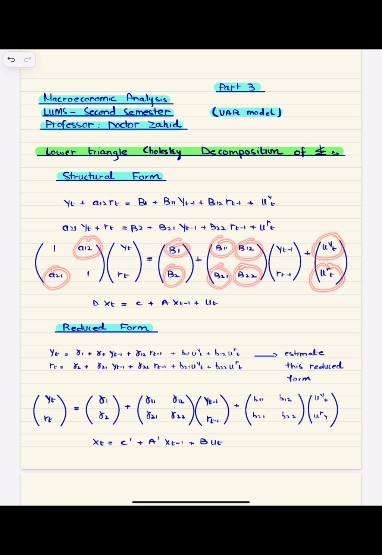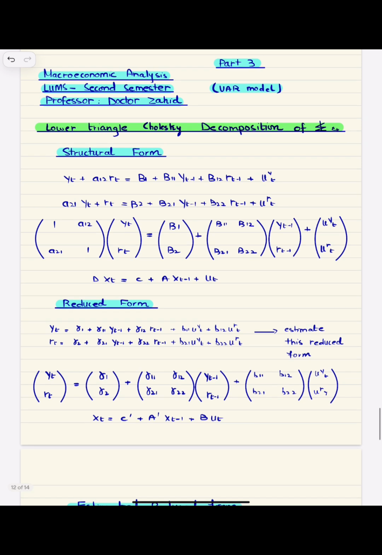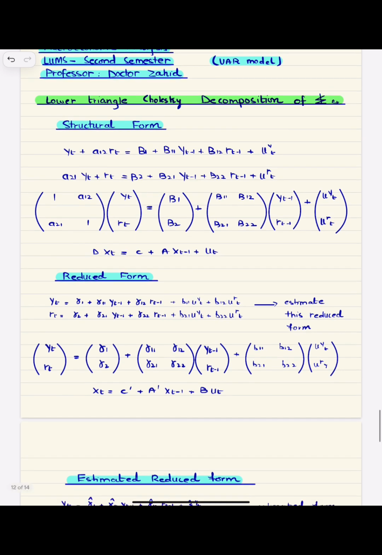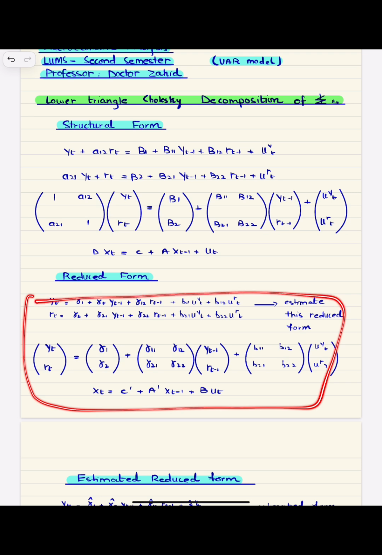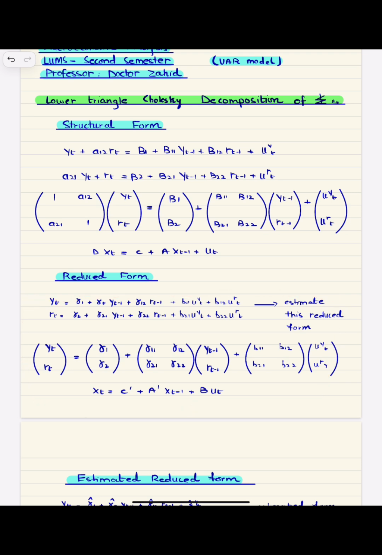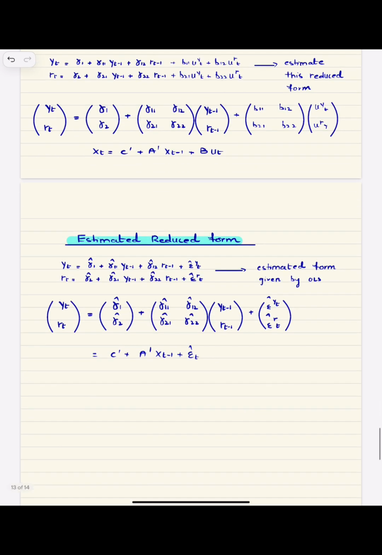We then calculated the reduced form by taking the inverse of matrix D and multiplying it by the right hand side, and then we obtained a reduced form equation which looked like this. When we estimated the reduced form, we got an estimated reduced form version.